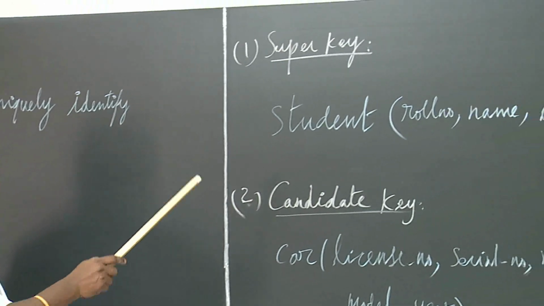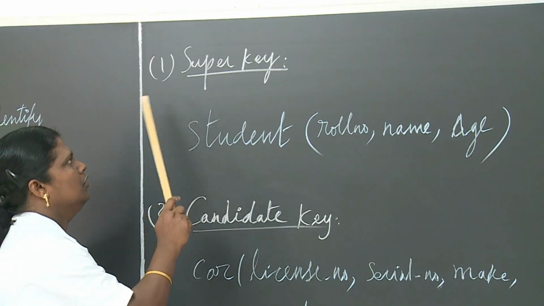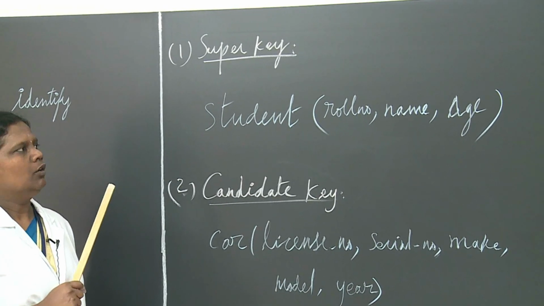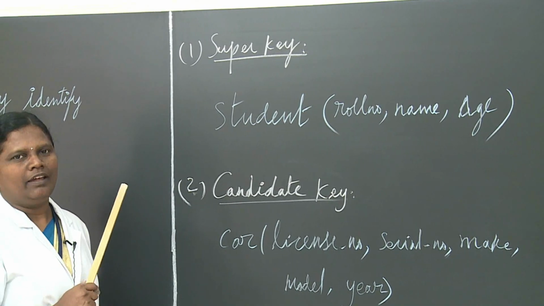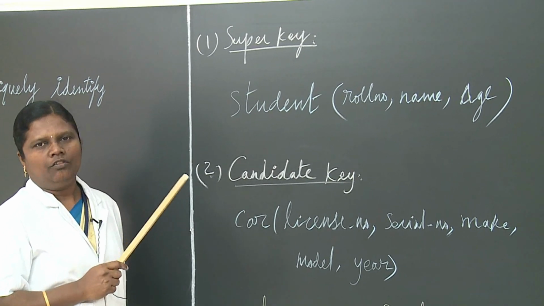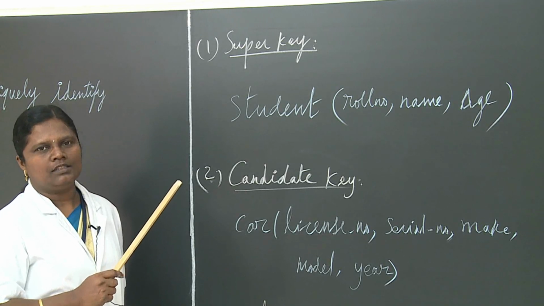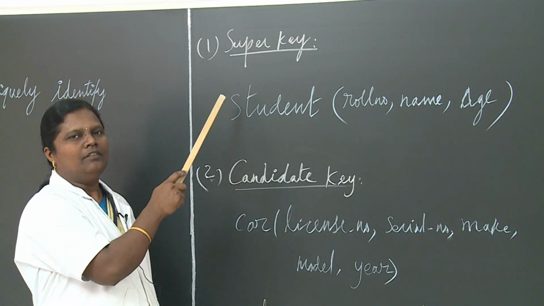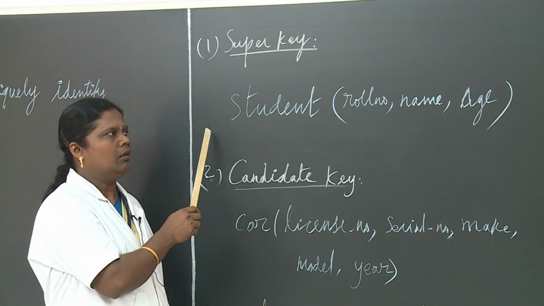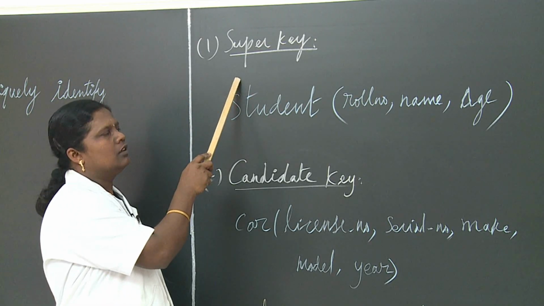Consider a particular relation. In a particular relation we have n number of attributes. Among the n attributes, a set of a few attributes identified as a super key uniquely identifies the rows or records in the database. Those are known as super keys.